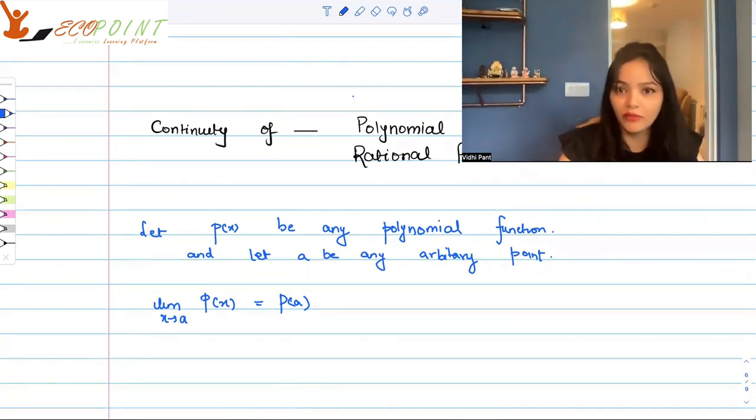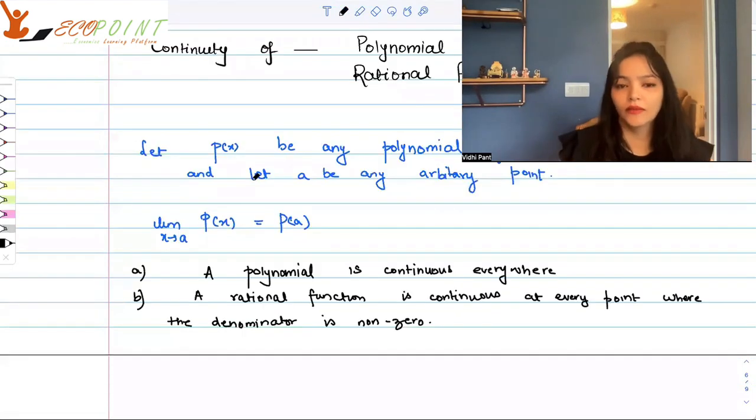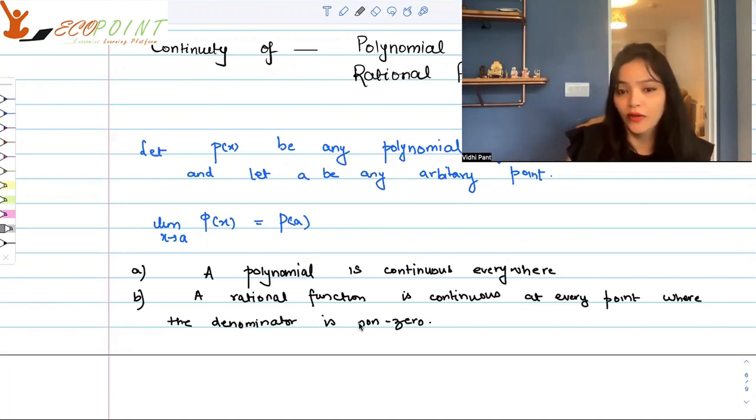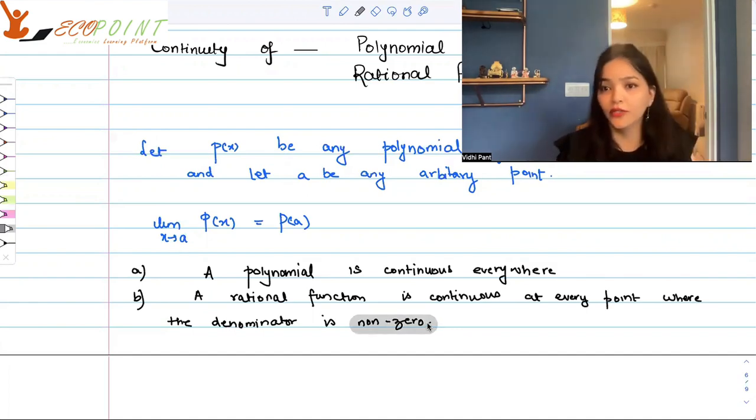Then you will have a problem. So, quoting it formally, a polynomial function is continuous everywhere. Number 2, a rational function is continuous at every point where the denominator is non-zero. And it will have points of discontinuity whenever your denominator is 0.